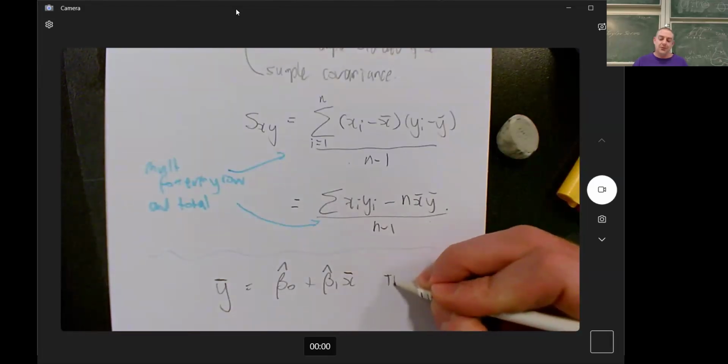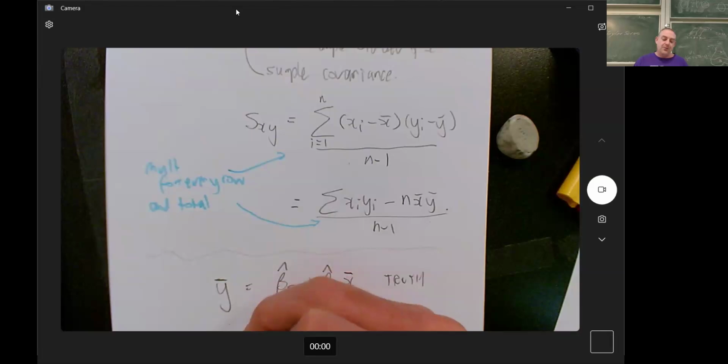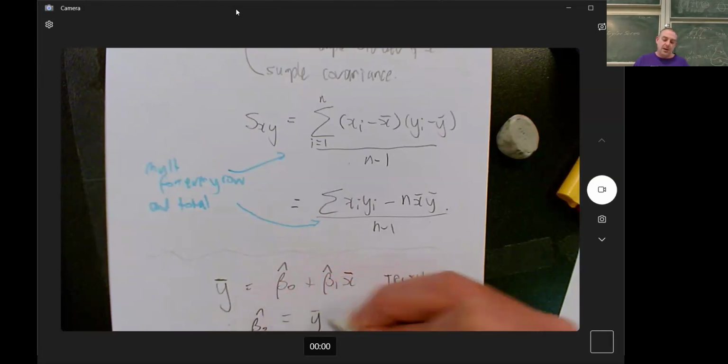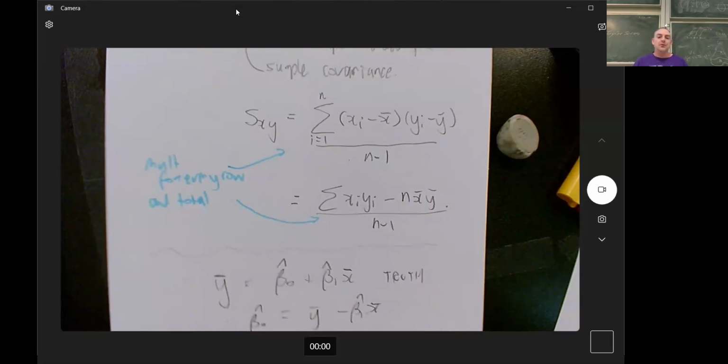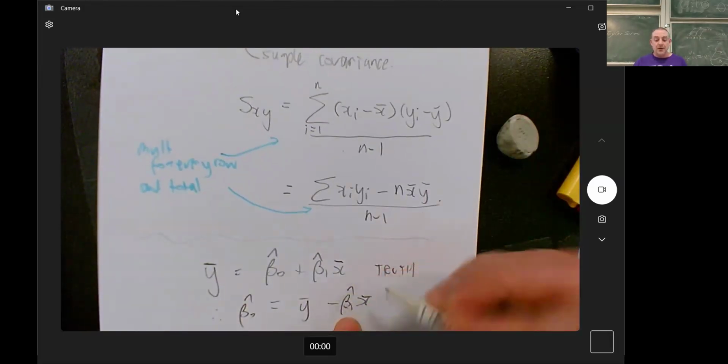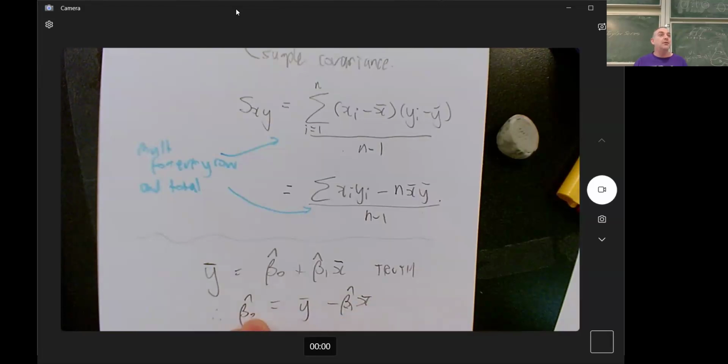This is truth. And so therefore beta naught hat is y bar minus beta 1 hat x bar. So if you already know what beta 1 is, you can use it to figure out what beta 0 is. And that's the quickest way. There probably is a direct formula for beta naught hat, but it's just easier to do this.